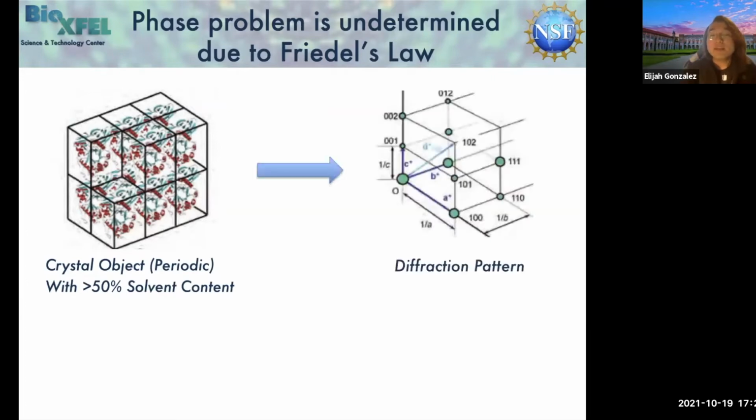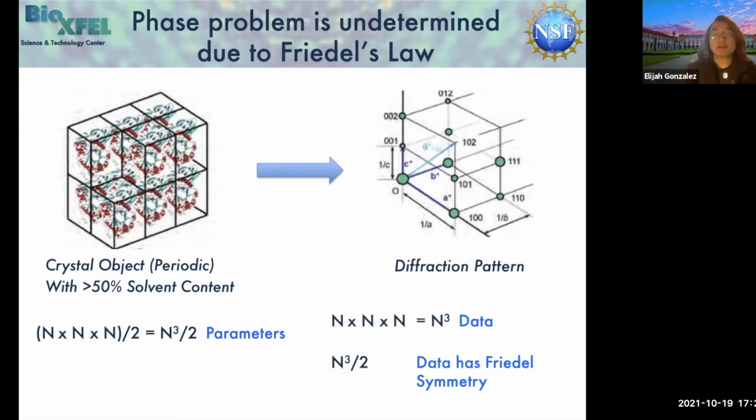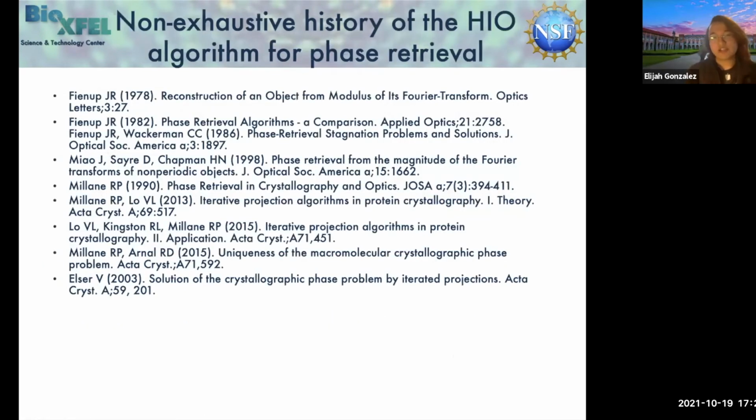And so then maybe we can relate the diffraction pattern uniquely to the crystal object. So we have again an n cubed grid, but now it's n cubed over 2 because we're only really trying to solve for n cubed over 2 parameters. We have n cubed data, and again, Friedel symmetry appears. And so now, in theory, there should be a unique relationship between the parameters and the data that we actually record. And so from there, we arrive at the story so far when it comes to HIO algorithms.